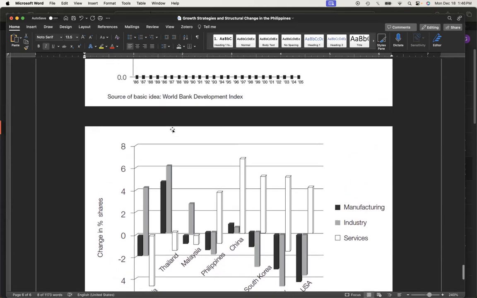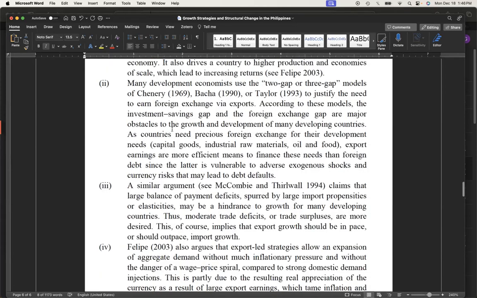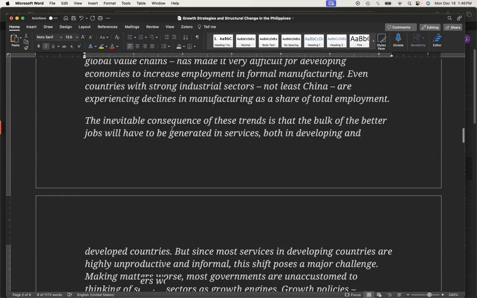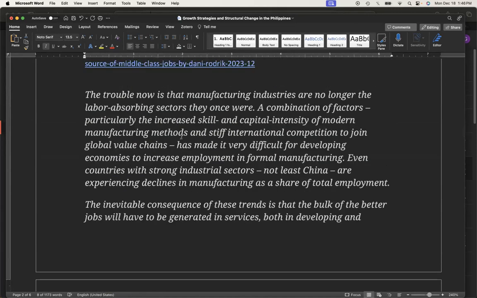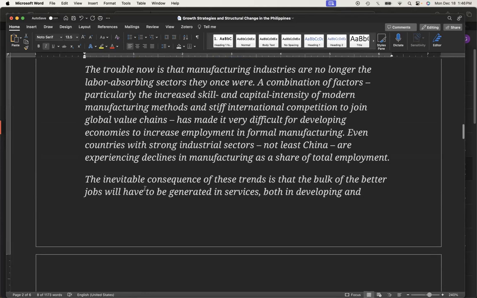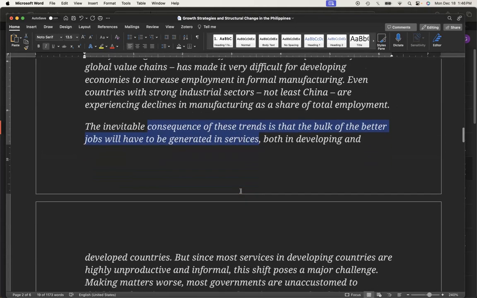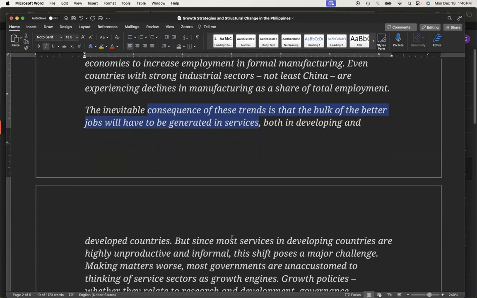And this basically talks about the same thing that Dani Rodrik talked about, that our structural transformation is now quite reliant on services jobs. And the fact that we have to not just use manufacturing as a way to increase our growth and encourage manufacturing jobs, but also we have to find and develop higher quality service jobs for the Filipino people as well.